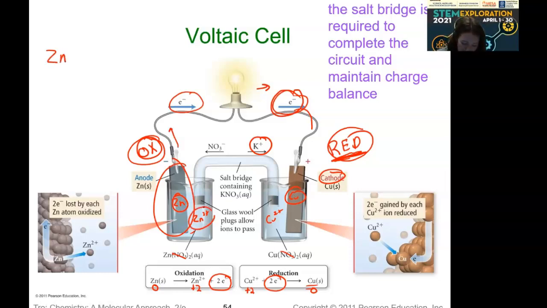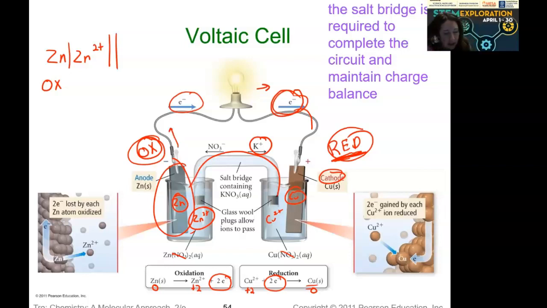The electrolyte is zinc 2+. So I'm looking, and my oxidation always goes on this side. Then I have a salt bridge. Here's my salt bridge. And then I have my electrolyte and my electrode.